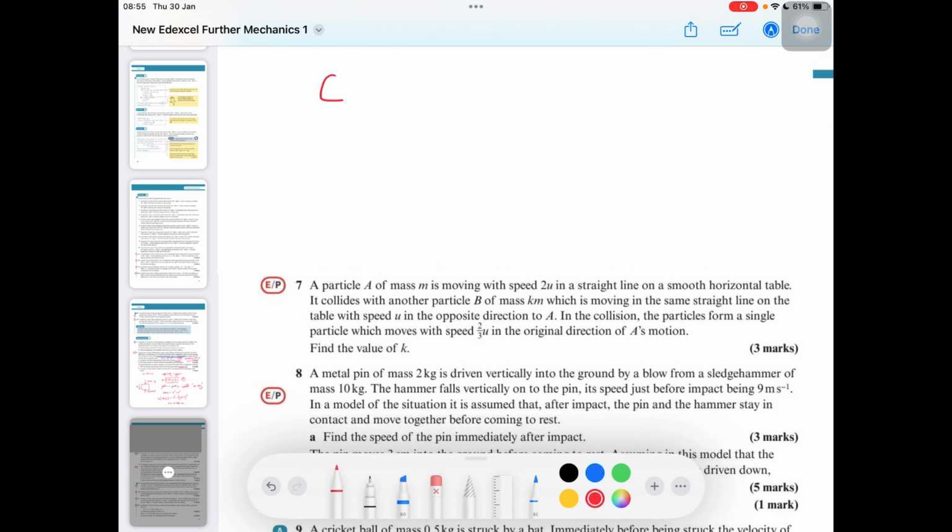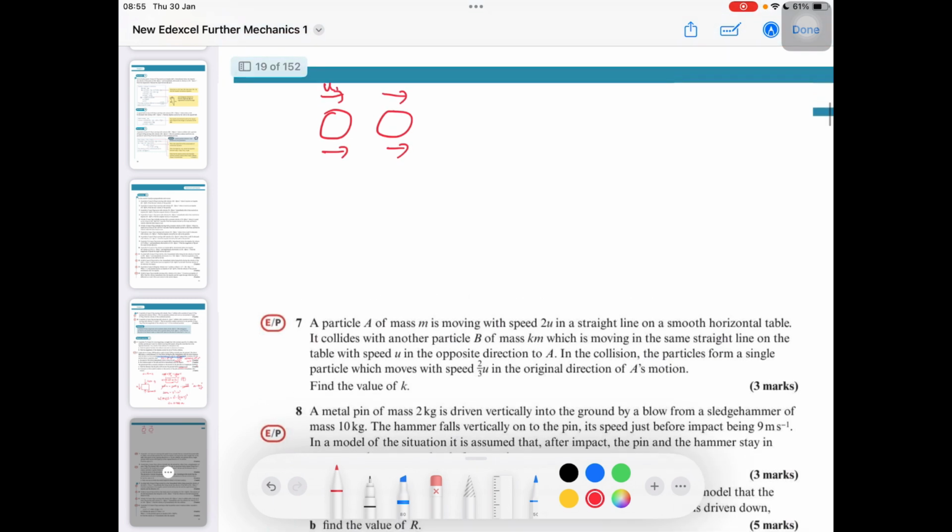Okay, so like this: u1, u2, v1, v2, impulse. So this is mass m and initial speed 2u, on a horizontal table, so we don't need to think about friction.